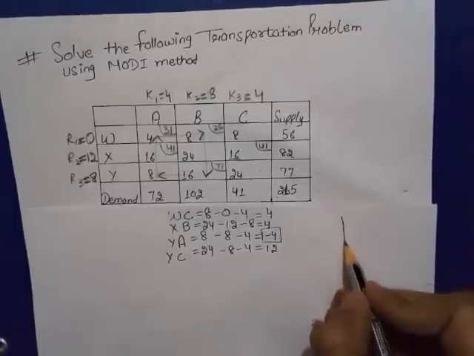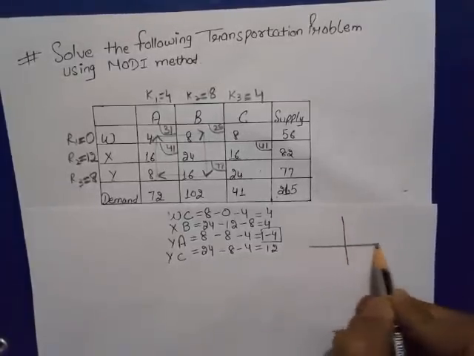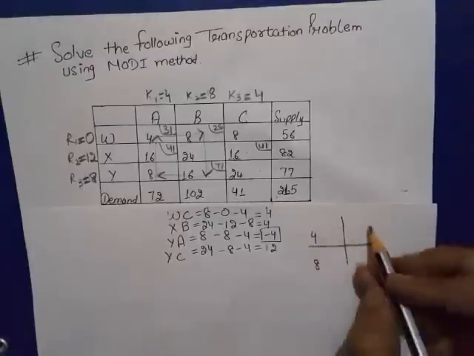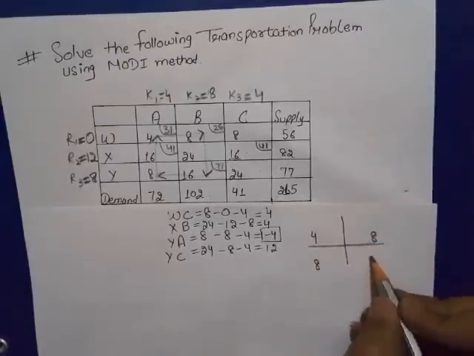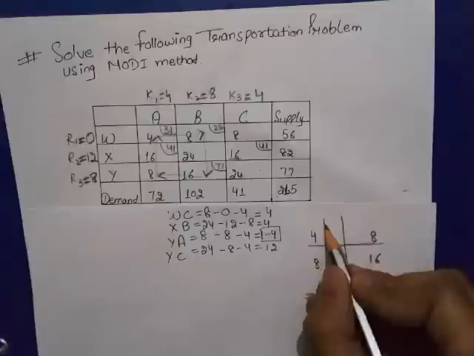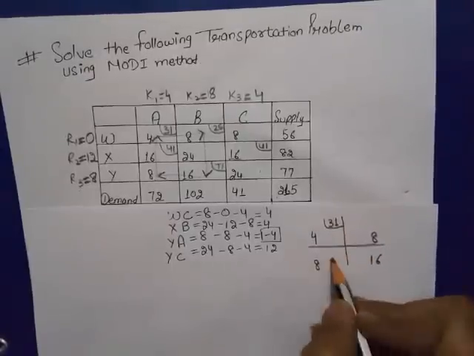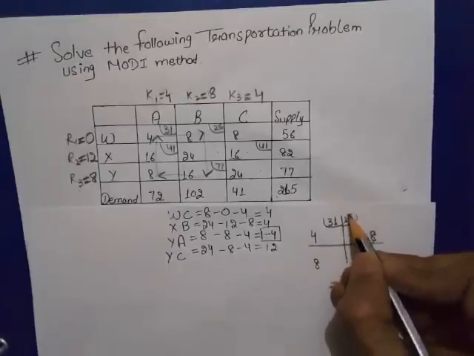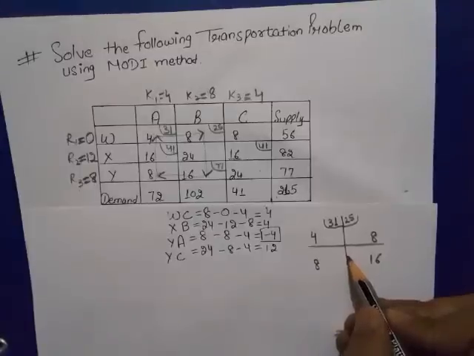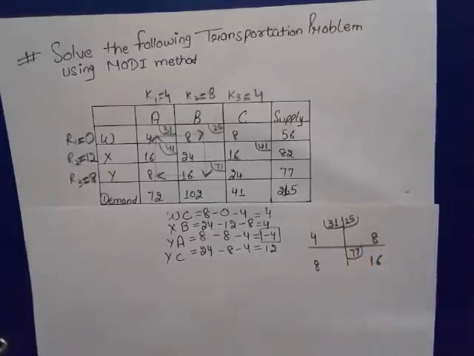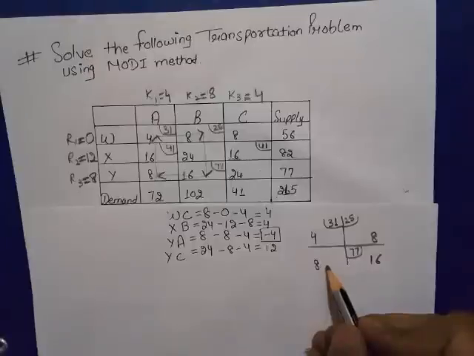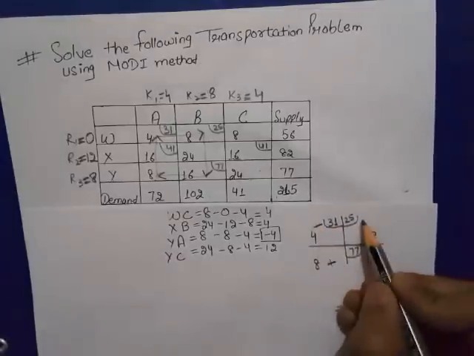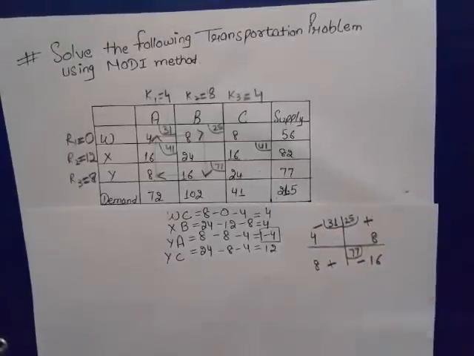Let's do that. 8, 4, 8, 16, and the occupied is 31. This is unoccupied. This is 25, and this is 77. So the loop starts from this. Give it a plus sign, plus, minus, plus, and minus.